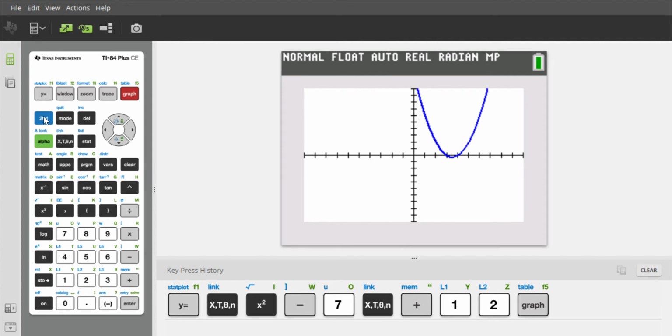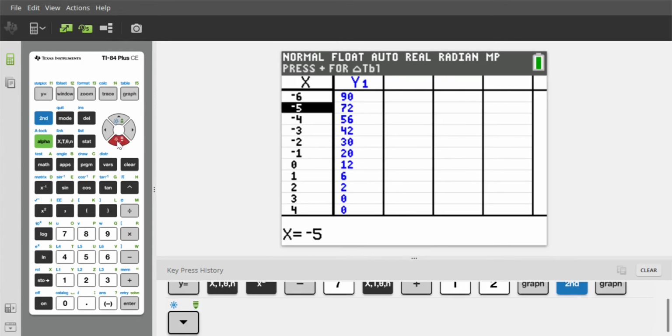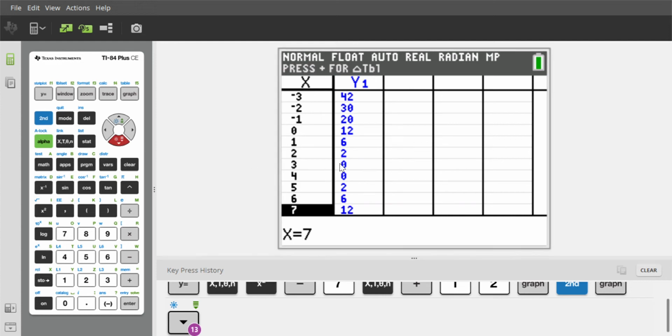So I'm going to first go to my table by going to second and graph. And as I scroll through this table, you will notice, what am I looking for? I'm looking for the y values that are 0, because that's where it's going to cross the x-axis.